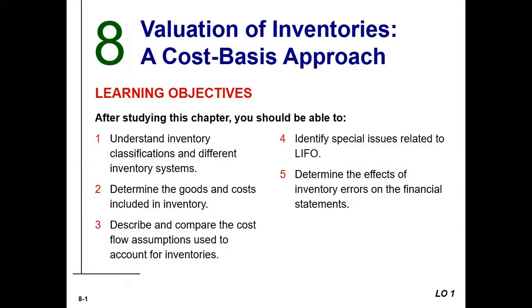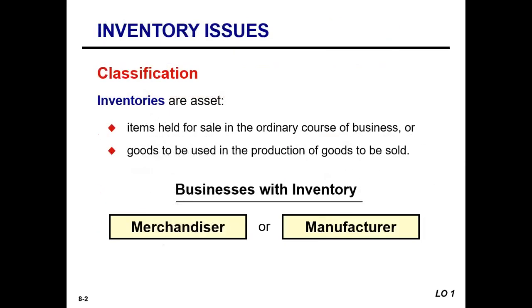This is where we have the FIFO, LIFO, average cost method, those cost flow assumptions, using those for inventories. And then looking at some special issues related to LIFO, and then when there are inventory errors. So the bulk of this is really learning objectives 1, 2, and 3. But anyway, we'll look at these together and of course get practice with them in class.